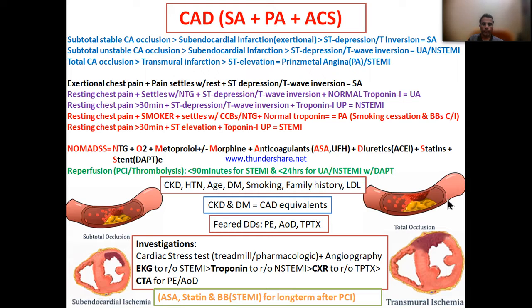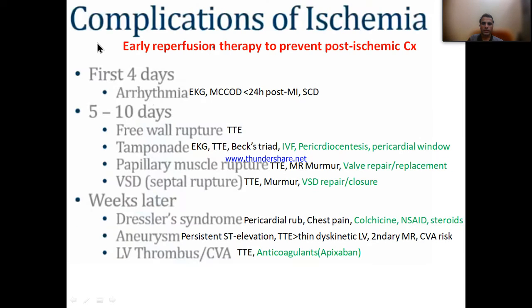So next is about complications of MI. If, for example, the MI is not treated in time, then these complications can happen, okay? So the first 4 days are extremely dangerous because arrhythmias can happen, especially during the first 4 days, and these arrhythmias can cause sudden cardiac death.